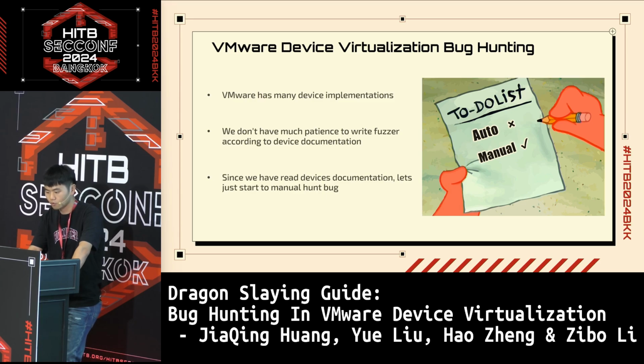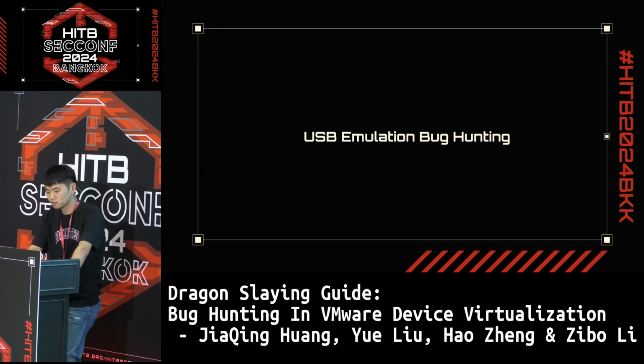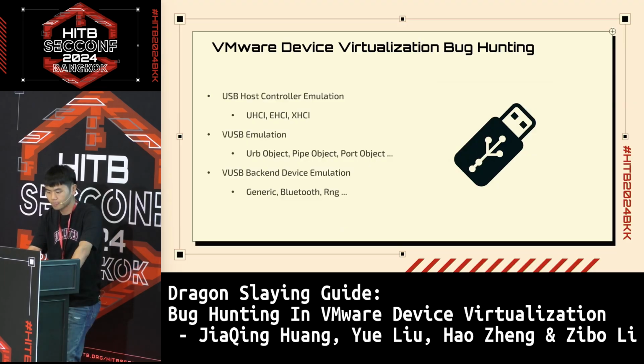And since we have already read lots of device specifications, we finally decided to hunt for bugs manually. Next, I will talk about the bugs that we found in USB and SCSI virtualization to introduce the possible sources of threats in virtual devices.